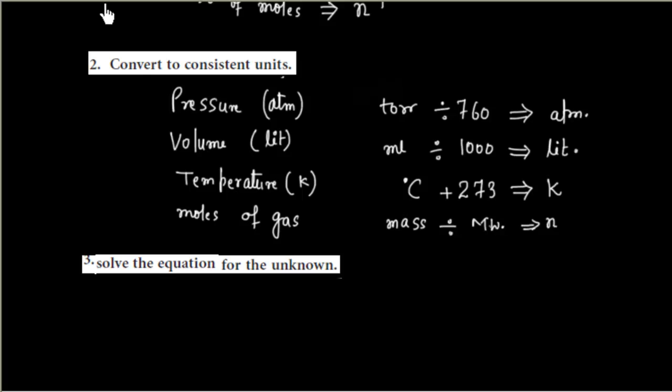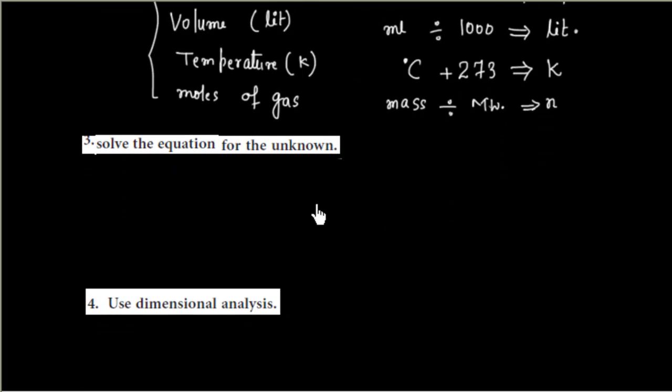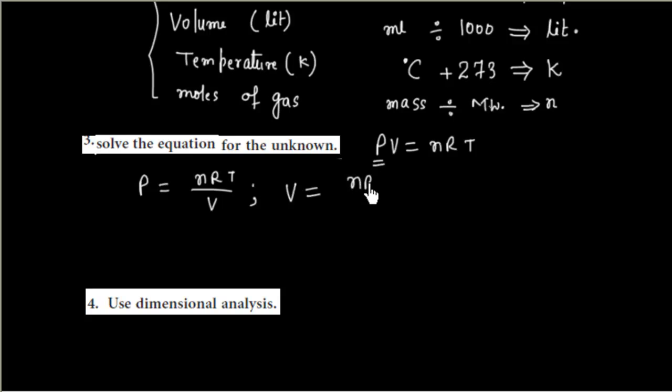Once you have these variables in consistent units, you have to solve for the unknown. Let us say I have the ideal gas equation PV = nRT, and if I need pressure, we have to solve for pressure. Pressure is nRT by V. If I want to solve for volume, I have nRT divided by P. If I want to solve for number of moles, I will have PV by RT, since the RT goes to this side.